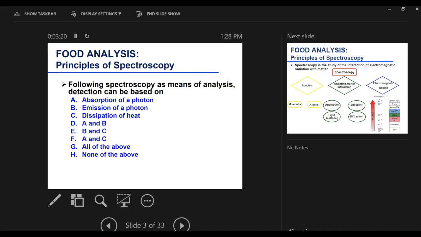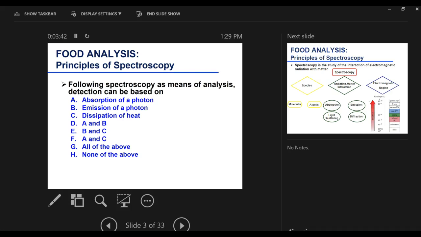So we definitely measure absorption. In some cases, we measure emission too. I think this could be all of the above again. I'm not going to agree with you this time then. Anna? A and B. So absorption, fluorescence.